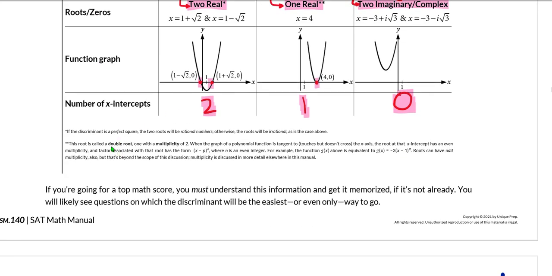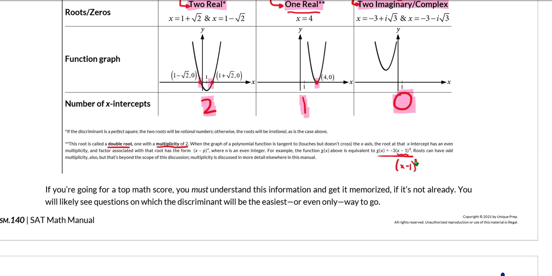By the way, the root in the middle, this one real root, we call that a double root. It has a multiplicity of 2. We talked earlier about the fact that parabolas that hit the x-axis can always be written in this one factor form, like this x minus 1, 1 factor squared.